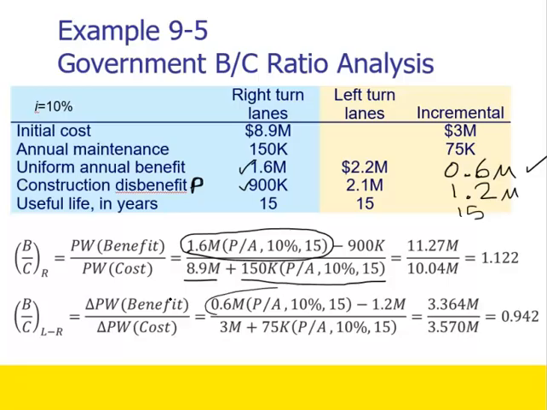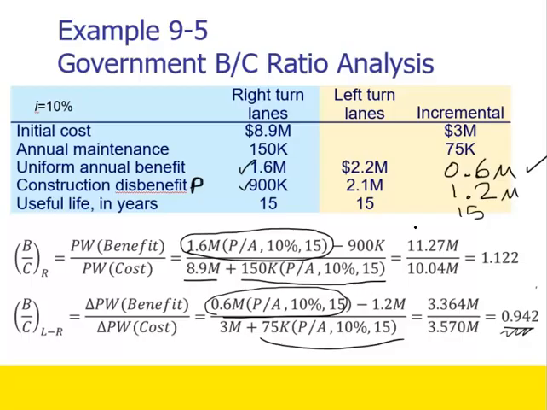So here we calculate the present value, and also this benefit that is already a present value. So we come up to these numbers, and also for the initial cost we have 3 million and annual maintenance. Again, we need to get the present worth of this 75K, and the ratio is this one.